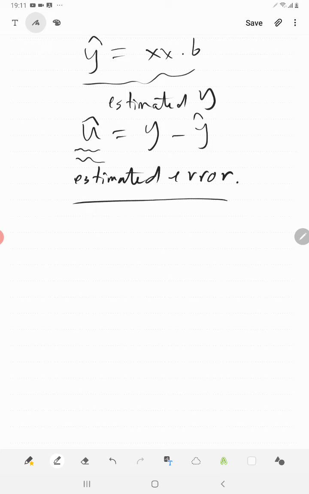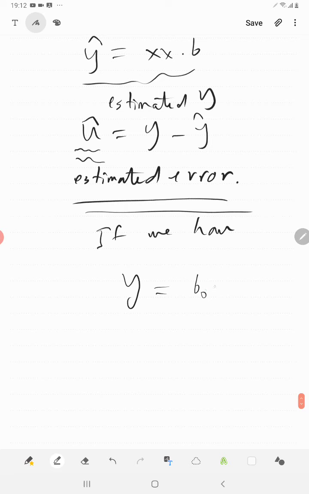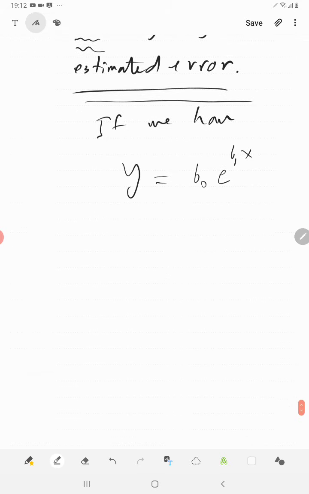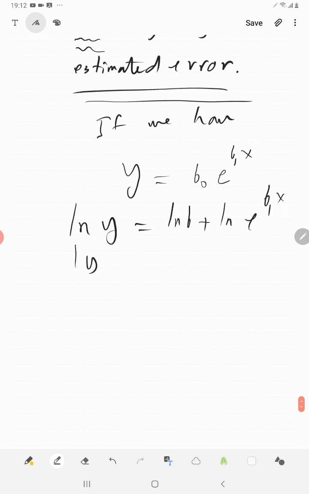For example, if you look at this note, let's say y is equal to b naught exponential of b1 x. Now it's non-linear. We can transform this. We say ln y is equal to ln b naught plus ln e to the power of b1 x.